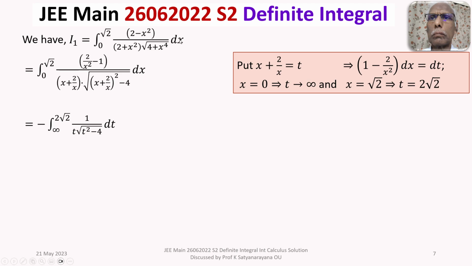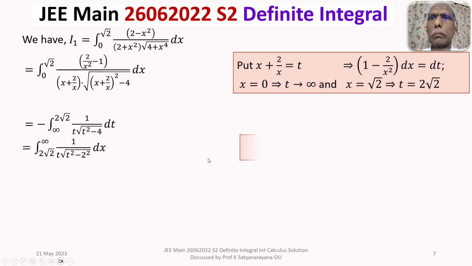So I recall a ready-made integral formula. We have taken the minus out, and the limits are changed: infinity to 2 root 2 has now become 2 root 2 to infinity, and that minus is taken care of. 1 by t into under the square root of t square minus 2 square dt. Now it is in the perfect form of the known integral.